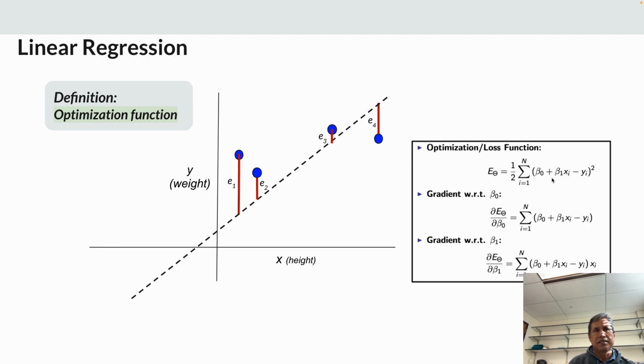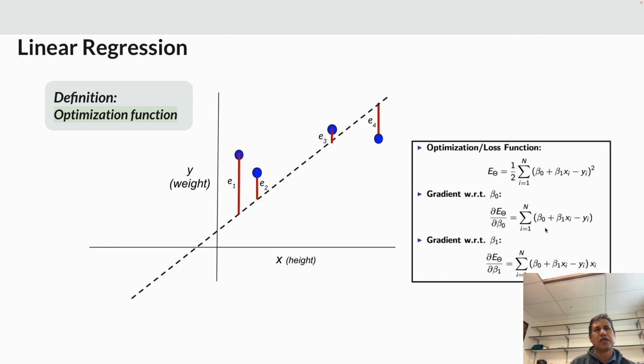So this is the prediction function, this is our label, and then if we take the derivative with respect to beta 0, then what will happen? If you take the 2, then 2 and this 2 will cancel, and this will be the derivative. Okay, and that's why we took half. Okay, you can do the derivative by yourself and check with these values.